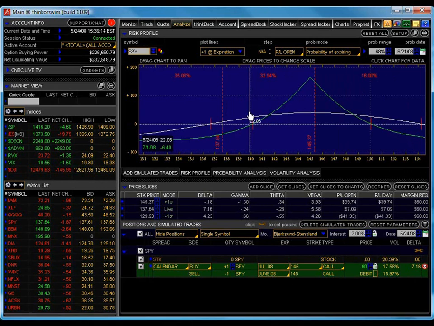Now we're only paying 60 cents for that calendar spread. If it were to rise to 145, we would achieve our maximum profit by expiration.